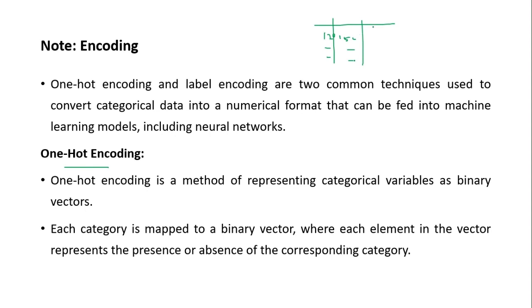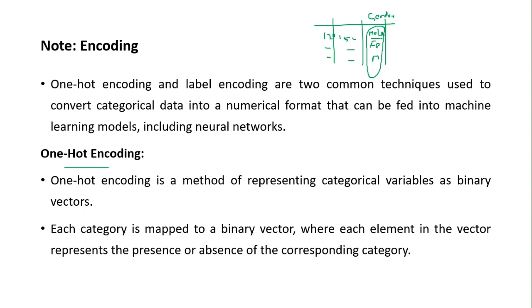But in some cases, some columns or features may contain information like gender. If the column name is gender, it can contain male, female, male, etc. Now, how can we input these types of values to the machine learning algorithms?